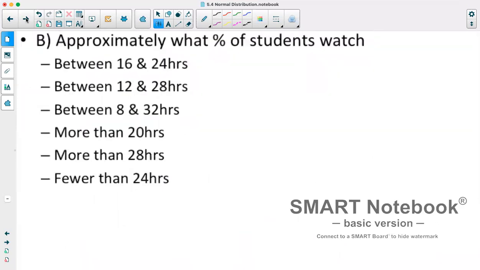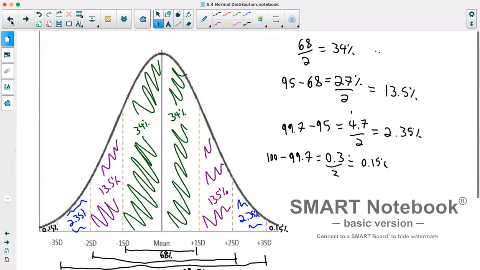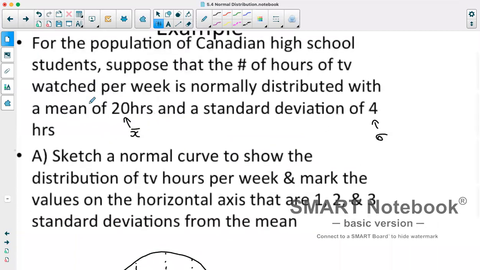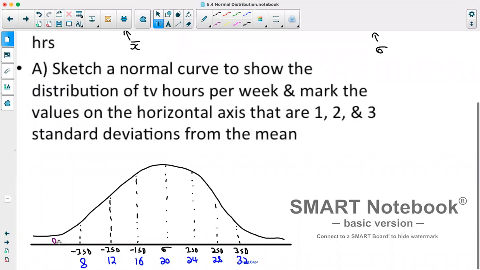Okay, so approximately what percent of students watch between 16 and 24 hours, 12 and 28 hours, 8 and 32 hours, more than 20 hours, more than 28 hours, fewer than 24 hours. So we'll fill this in with the percentages that we had from before. So essentially we know that this is 0.15%, this is 13.5%. Oops, I did that one too early.